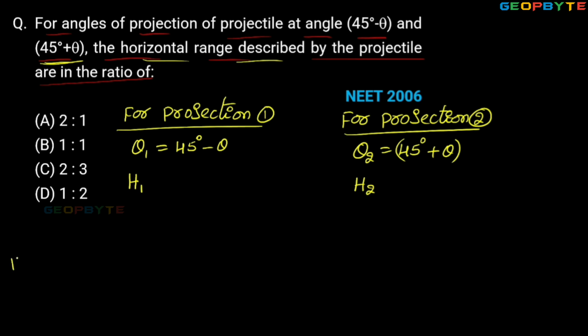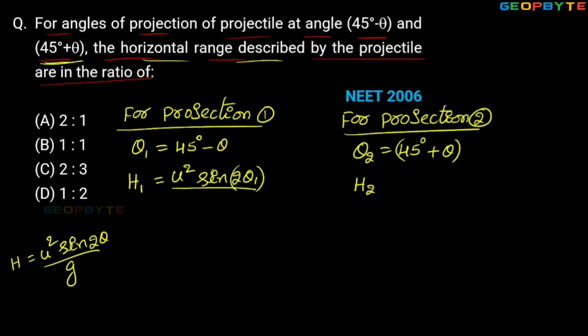What is the horizontal range? Horizontal range equal to u square sine 2 theta by g. Then H1 equal to u square sine 2 theta 1 divided by g.